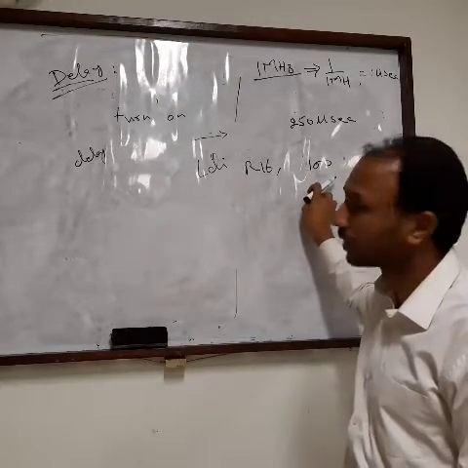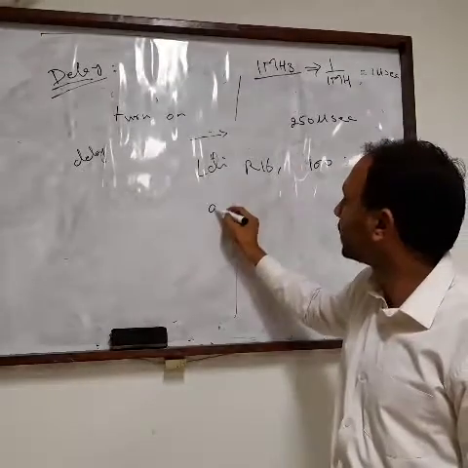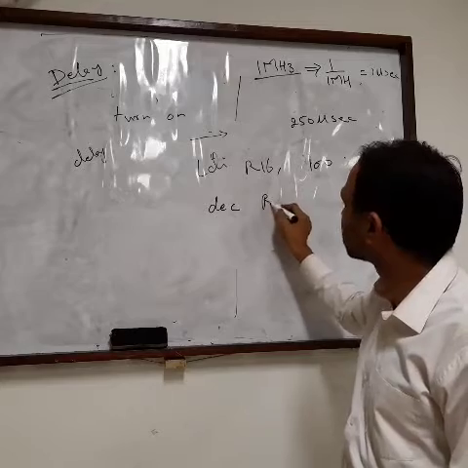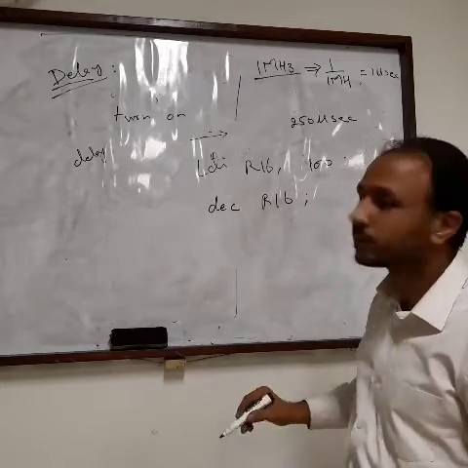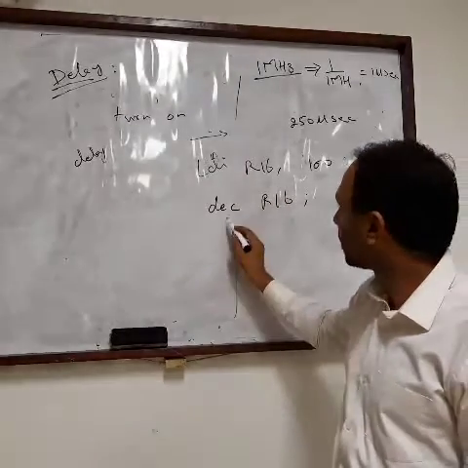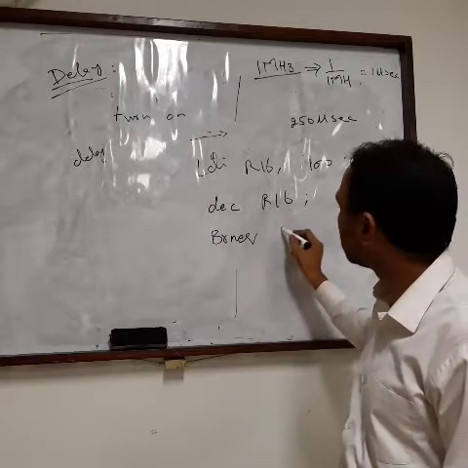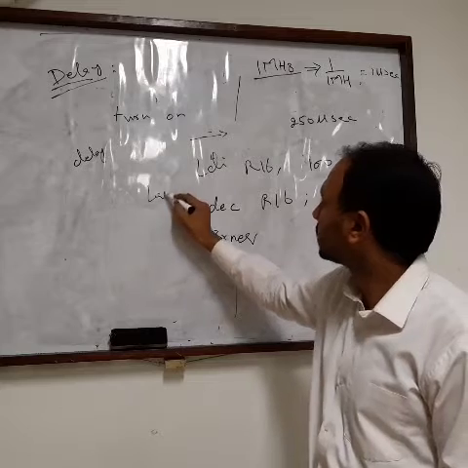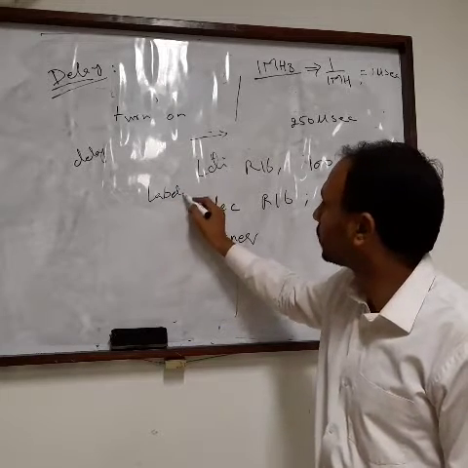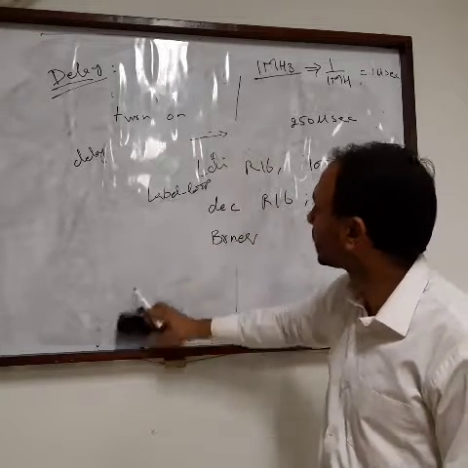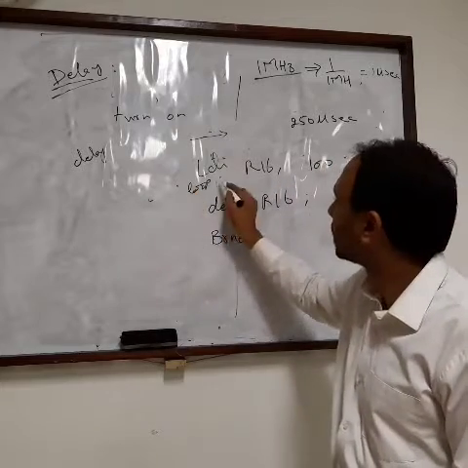LDI R16, I will decrement R16, then here I will use branch not equal to the label loop. I'm just writing loop to make it easy.